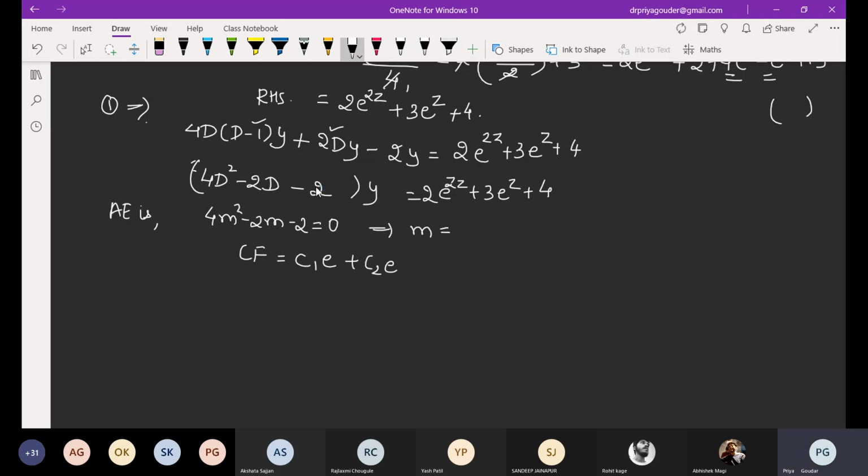Is it minus 1, minus half? What are the roots? 1 and minus 1 by 2.